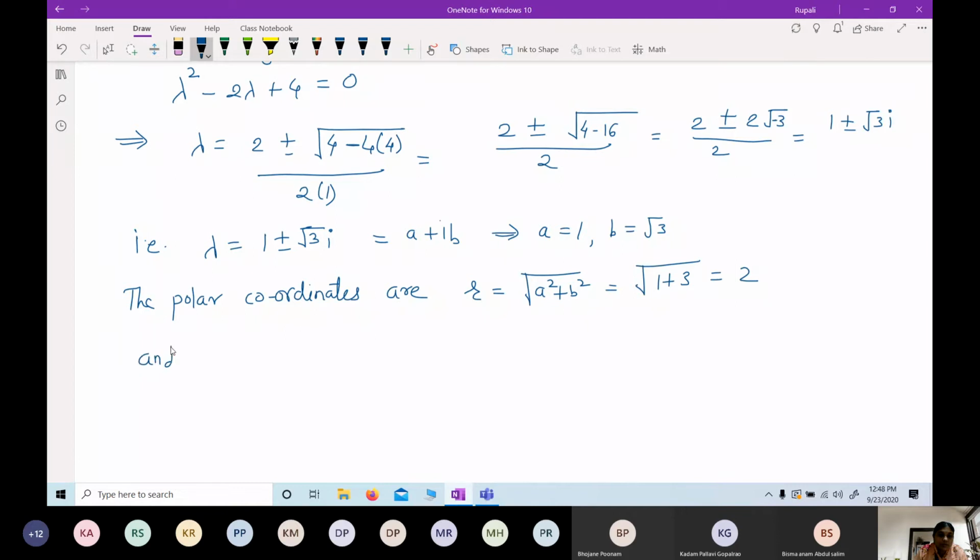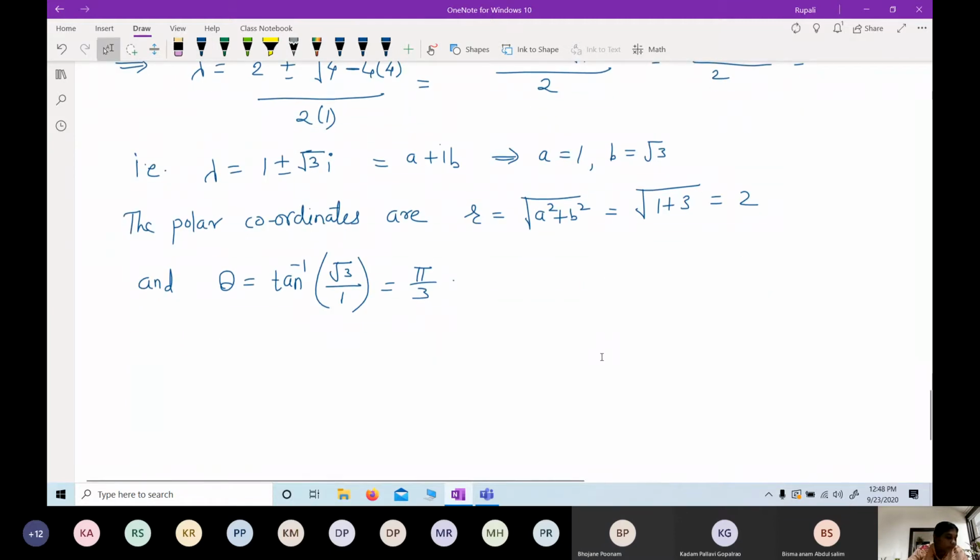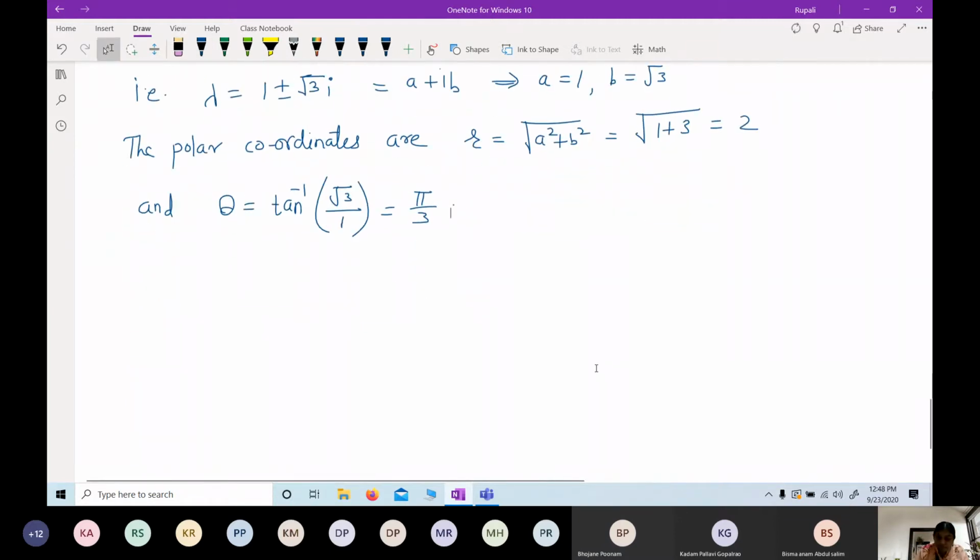And theta is tan inverse of b by a, which is root 3 by 1. What is tan inverse of root 3? It is pi by 3.